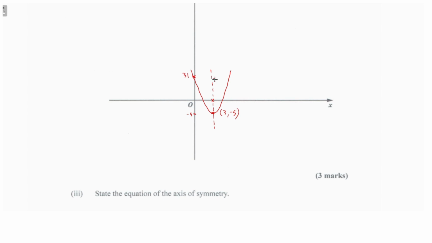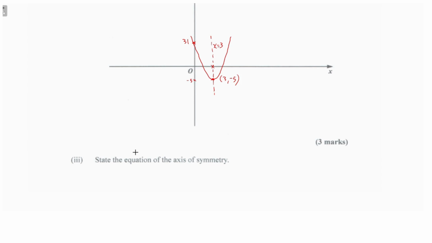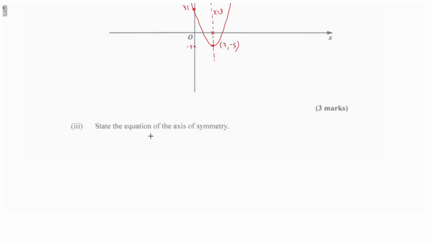So it means that this x value here is positive 3. So state the equation of the axis of symmetry, and that is x equals 3.